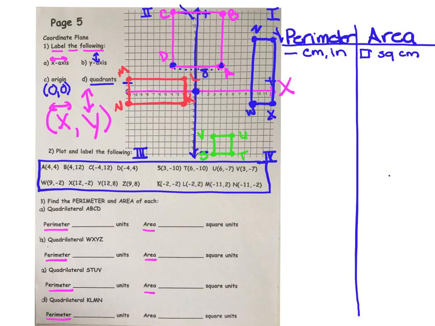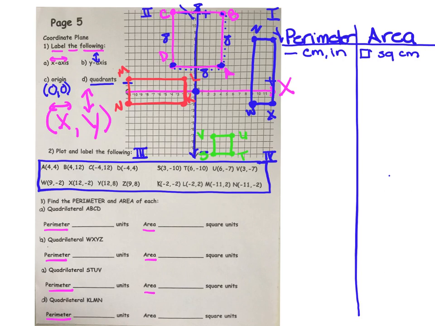Please label that 8. And from point A to point B, we can figure out the height. 1, 2, 3, 4, 5, 6, 7, 8. Clearly, this is a perfect square, and we will use those values to calculate the perimeter and the area in a moment.